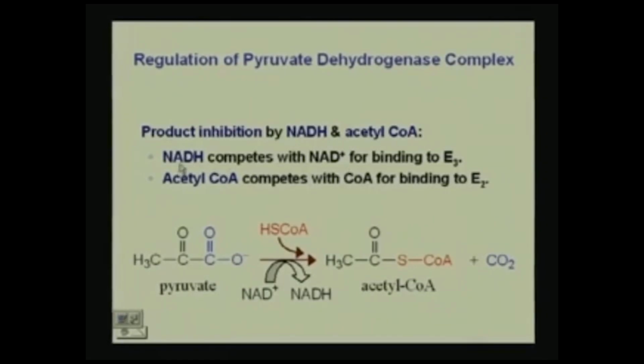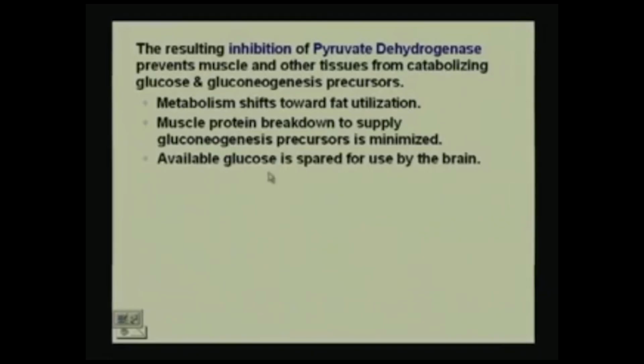So it is inhibited by the product, and acetyl-CoA competes with coenzyme A for binding to E2, where this acetyl-CoA was a product of the enzyme E2. So we now have product inhibition by NADH and acetyl-CoA, and this, as I mentioned, is the overall reaction.